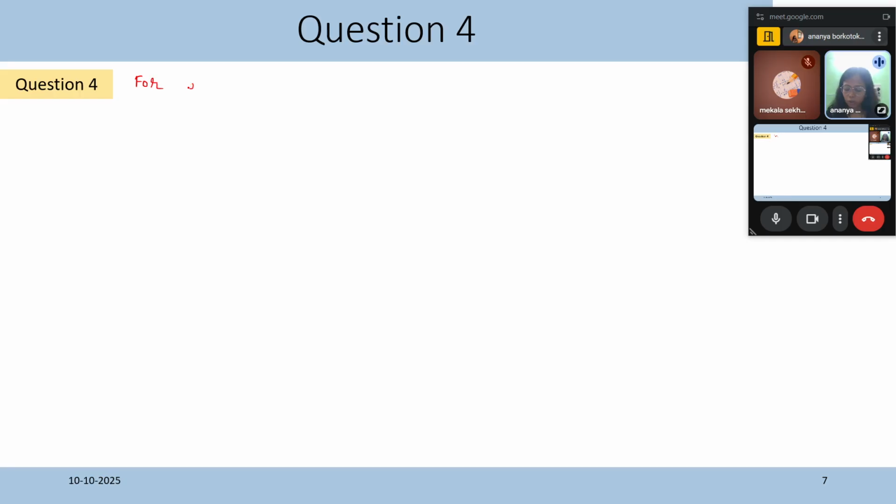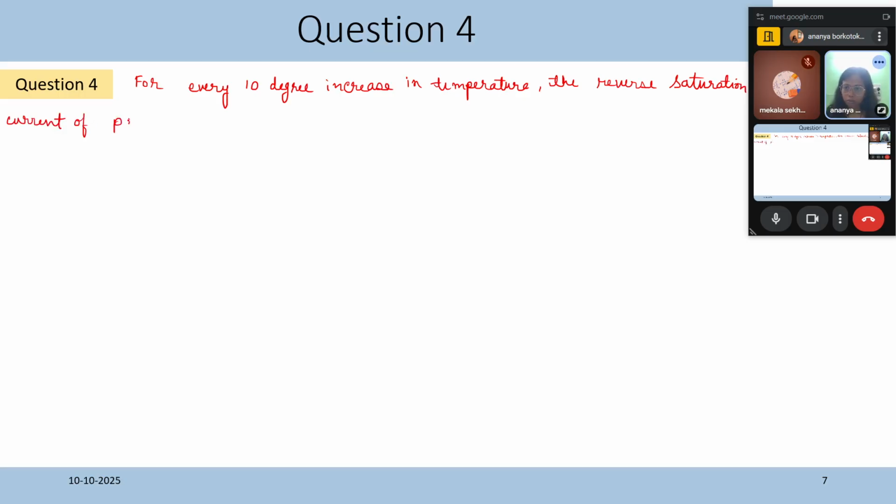The question is, for every 10-degree increase in temperature, the reverse saturation current of a PN junction will increase by, and there are a few options.